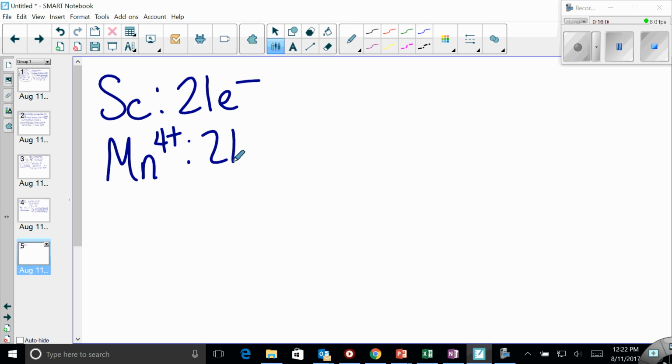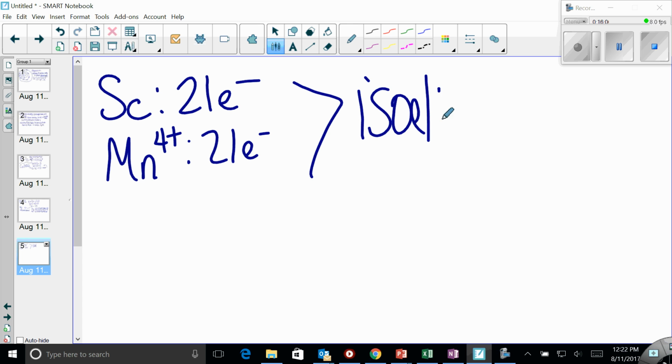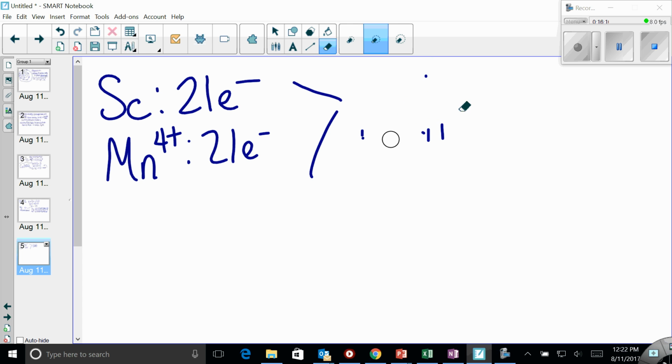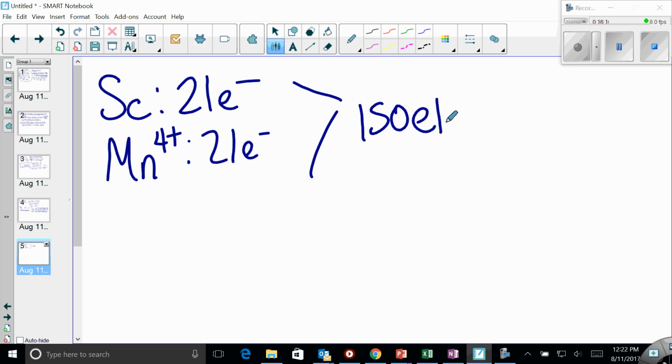Those are what's called isoelectronic. All that means is that they have the same number of electrons.